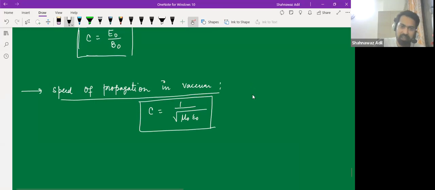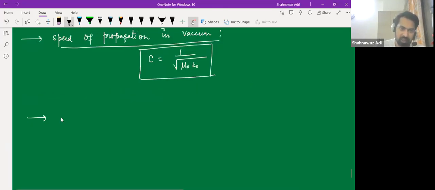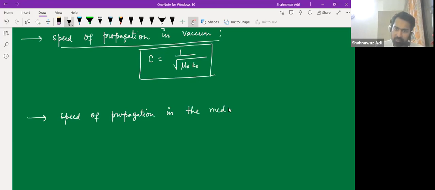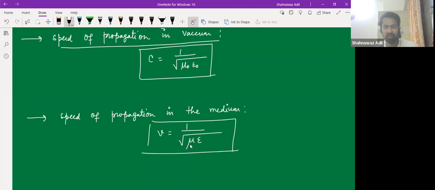And similarly, the speed of propagation in the medium is V, which is equal to 1 by root of mu and epsilon. Here mu is the permeability in the medium and epsilon is the permittivity in the medium, and mu naught is the permeability in free space and epsilon naught is the permittivity in free space.